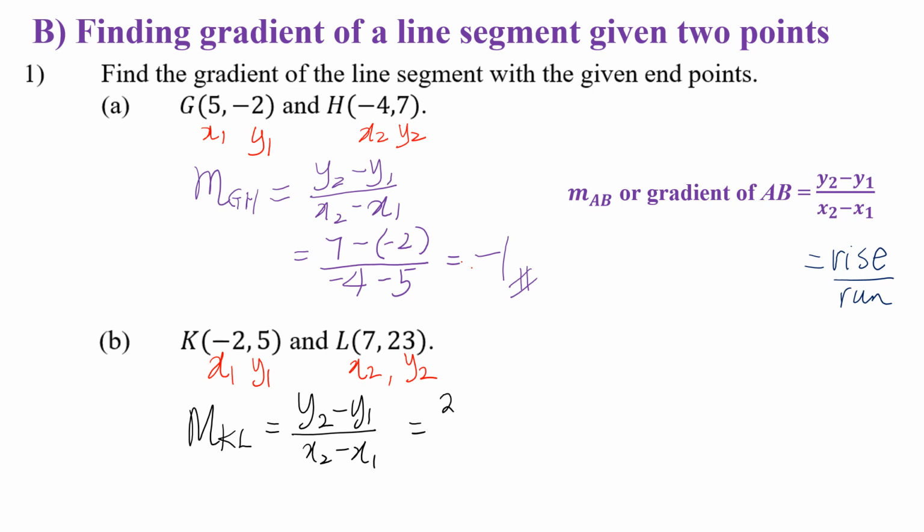So y2 is 23 minus y1 is 5, over 7 minus bracket negative 2. Okay, do the fraction thingy: 23 minus 5 over 7 minus bracket negative 2. All right, so we have gradient 2. Okay, that's it.